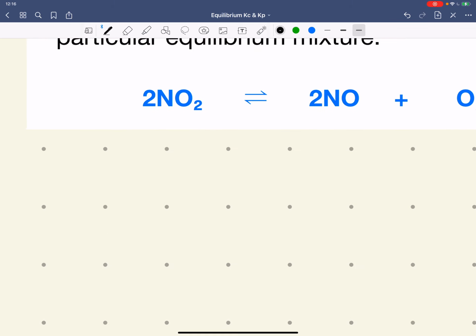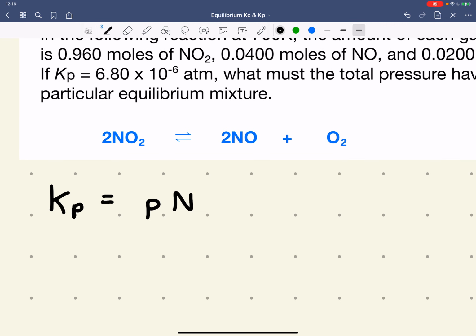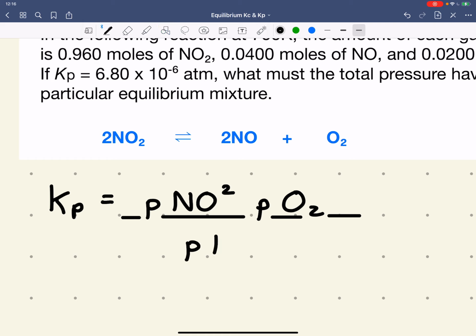First thing I'm going to do is write down the Kp expression for this particular reaction. So it's the partial pressure of NO squared, partial pressure of oxygen, and that's all divided by the partial pressure of NO2 squared.